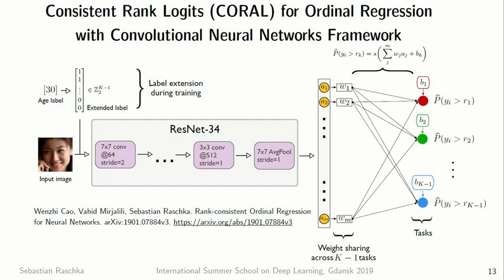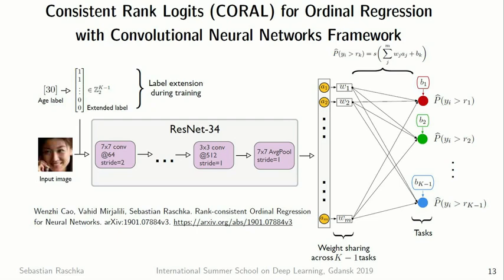Then we take an age label and break it down into 29 of these prediction tasks. So what we do is: is the person older than 1 year? Is the person older than 2 years? Is the person older than 3 years? Each question is basically a binary classification task. So we have this extended label set, and each on the right gives us a probability that the person is older than a certain age.